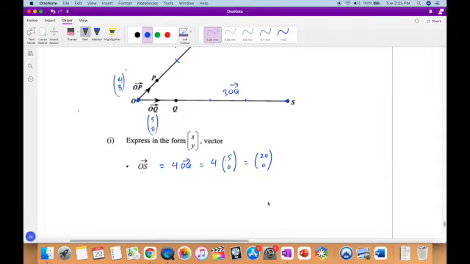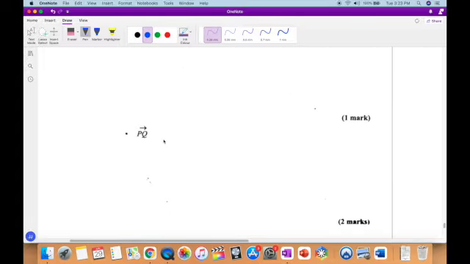PQ. So P to Q is this direction here. And I would go PO plus OQ. So PQ is equal to PO plus OQ.